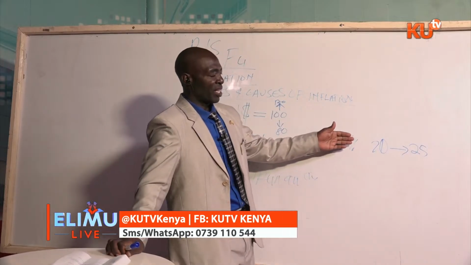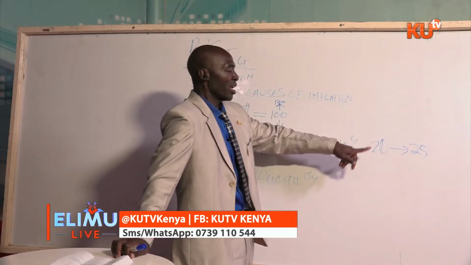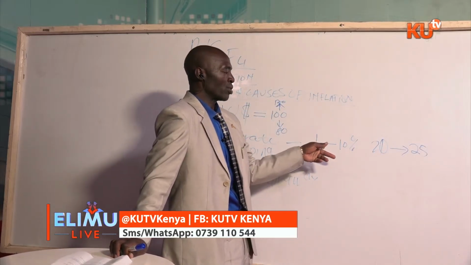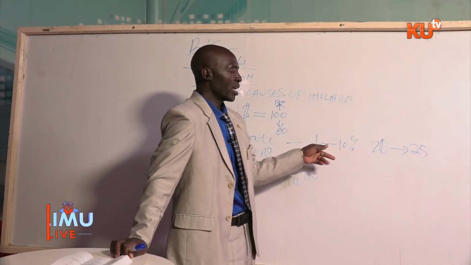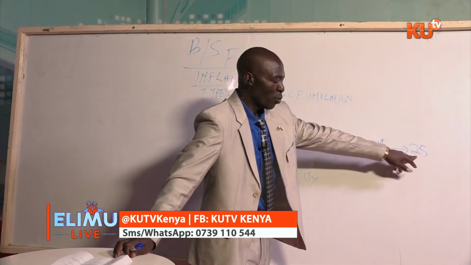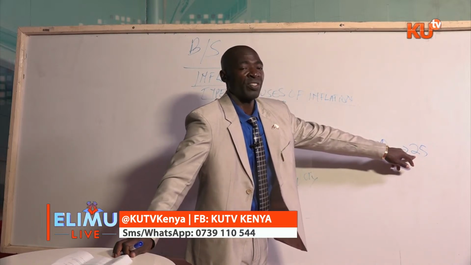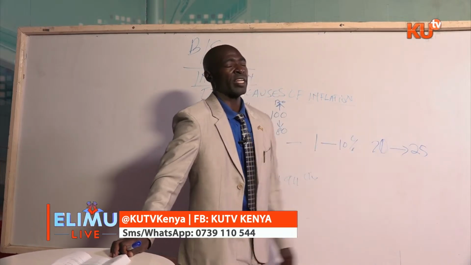Who is the beneficiary? It is the creditor, because he sold the product on credit when the price was at 20, and this person is coming to pay based on the current market price, which is 25 shillings. That is a clear indicator that it's going to be a benefit to the creditor.